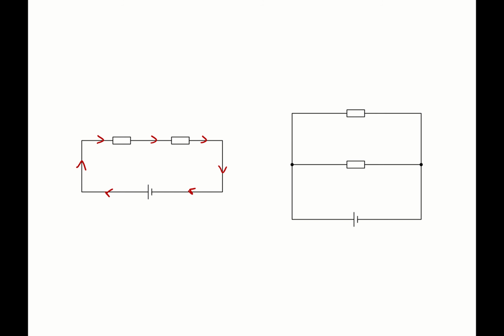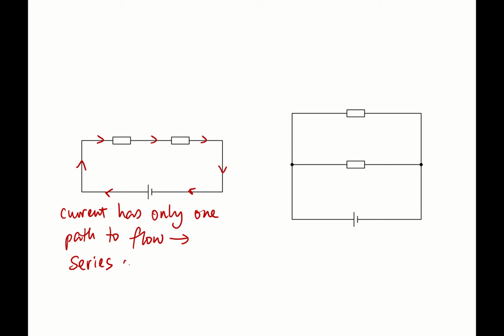Now when you follow the current flow, can you see that the current has only one path to flow? So because the current flows along one path, this is a series connection for both resistors.